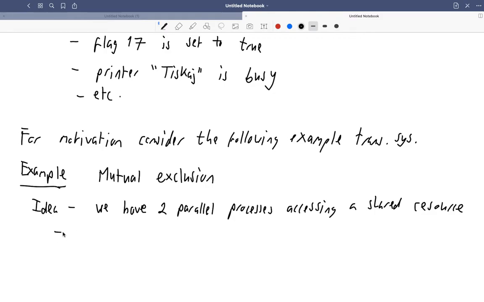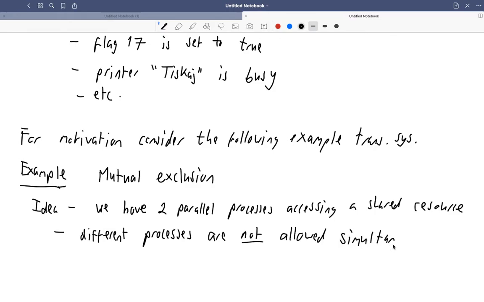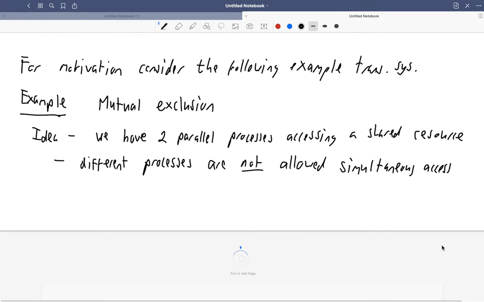So different processes are not allowed simultaneous access. So we have a little bit of a protocol.